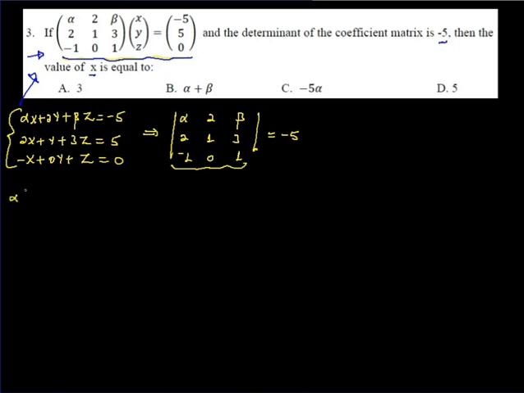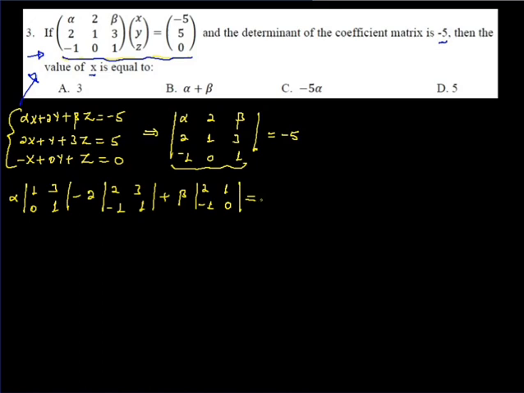So it is alpha into (1, 3, 0, 1) minus 2 times (2, 3, minus 1, 1) plus beta into (2, 1, minus 1, 0). Here you need to apply the principle to calculate the determinant of a certain matrix.